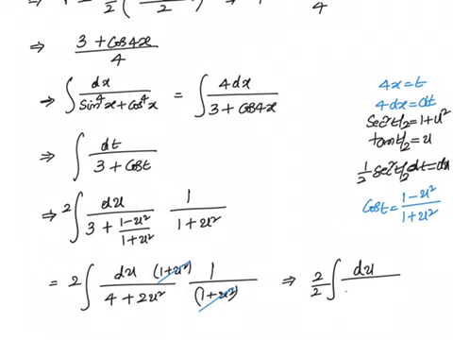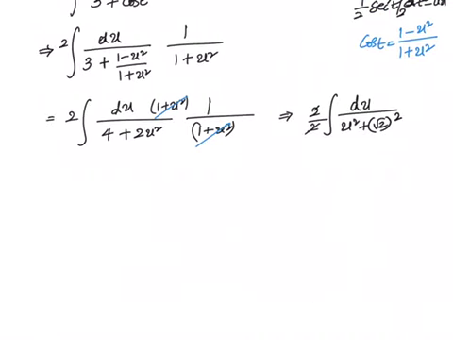I can take 2 out. I have u square plus root 2 whole square. Now this is again standard form, and we know the integral of that is 1 by a, 1 by root 2 tan inverse of u by root 2 plus c. But what is u? u is tan t by 2.